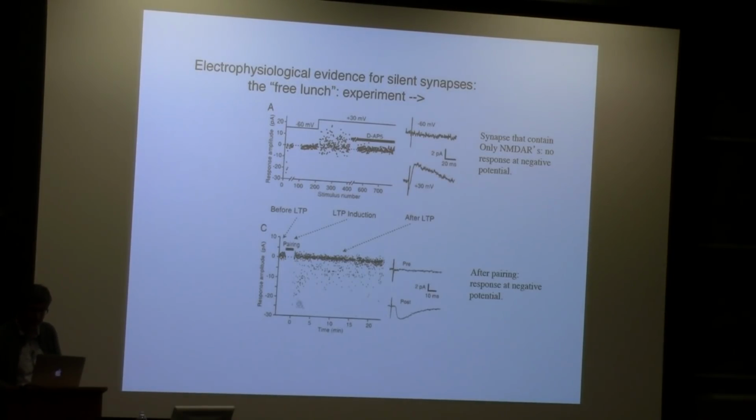Then you come back, and now you can see responses. You have zero response before, and out of the blue, now you get a response. So a synapse that was silent, because the synapse existed but had no AMPA receptors, now has AMPA receptors. And of course, you can then do more LTP and add more AMPA receptors later.